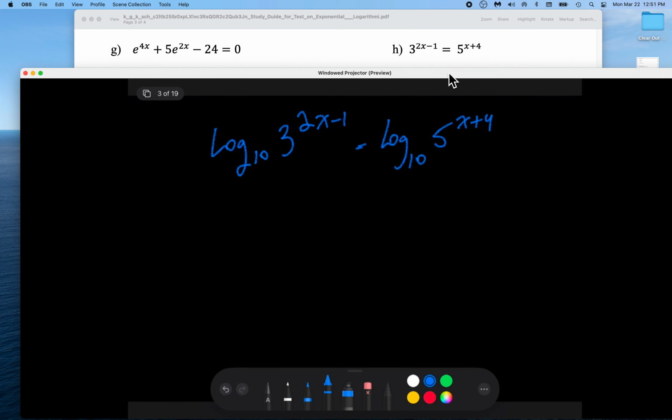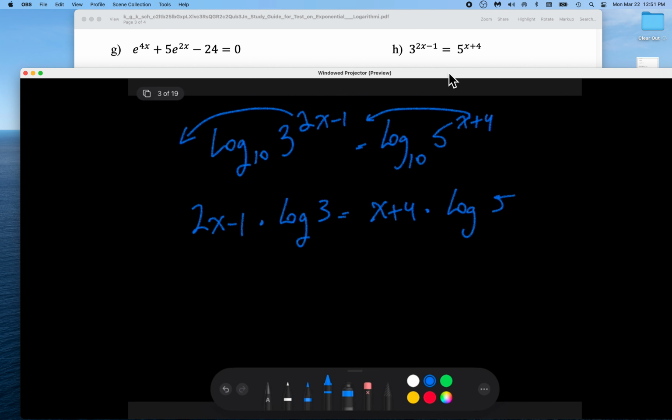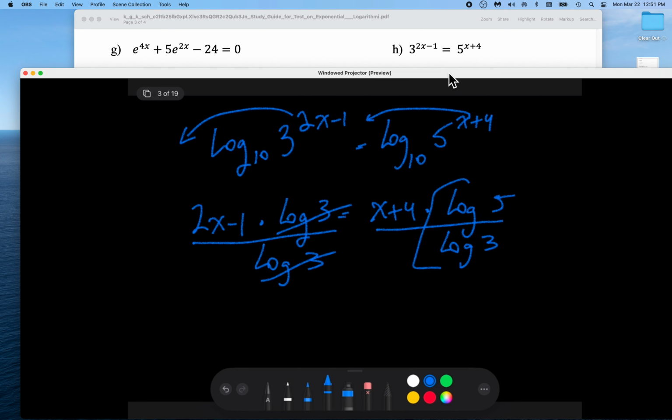What I would do is pull this out front and pull that out front. Then I would divide both sides by log of 3, and I would get a number here.